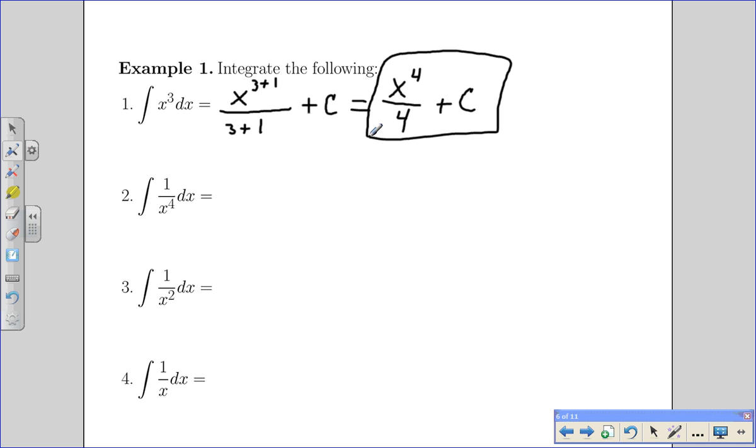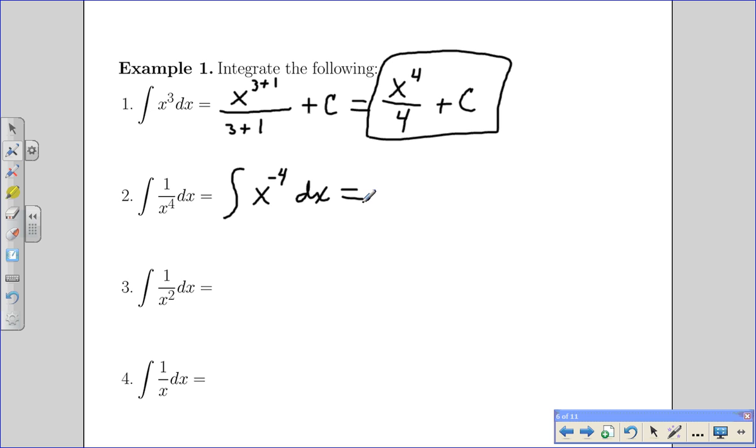And that's really all there is to it for a simple polynomial like that one. For number 2, it's a little more complicated because I have 1 divided by x to the 4th. Now here, I don't have a rule for x to the 4th in the denominator, so I want to move it to the numerator. So the very first thing I do is I rewrite this as x to the negative 4. Now I can apply the rule. And the rule says, add 1 to the exponent.